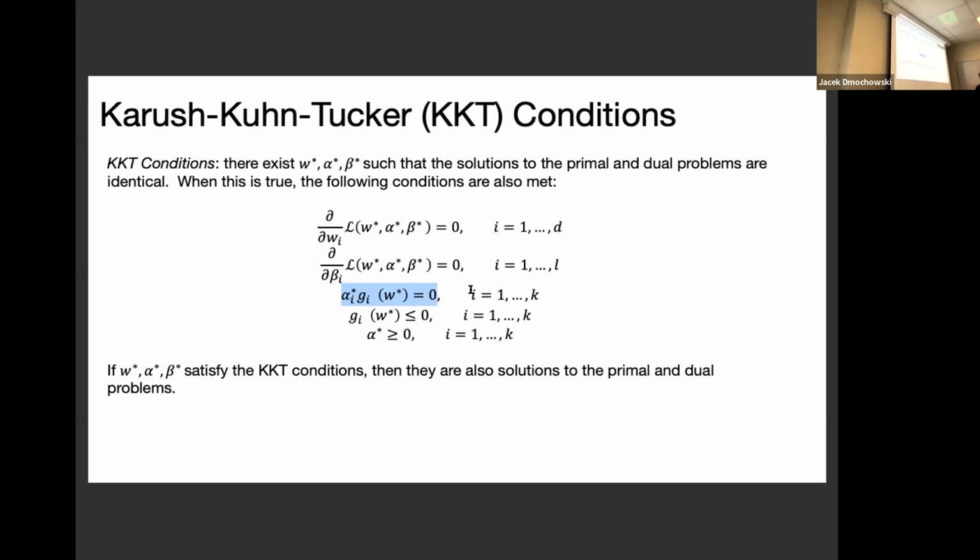So in this case, this is 1, and you have to be on this side of the inequality.